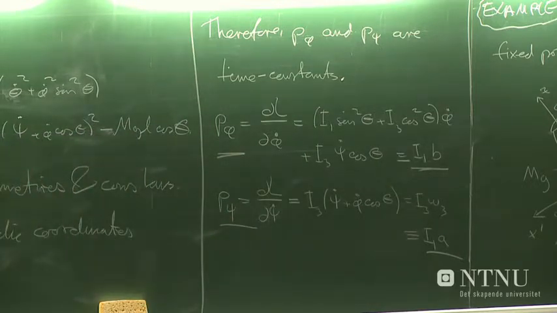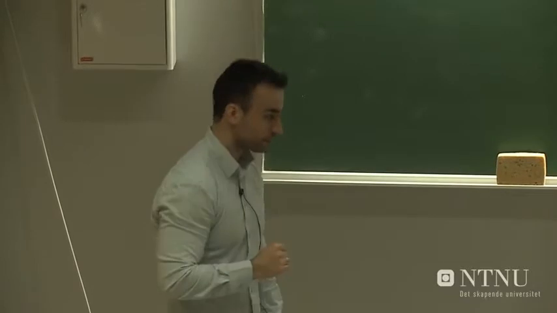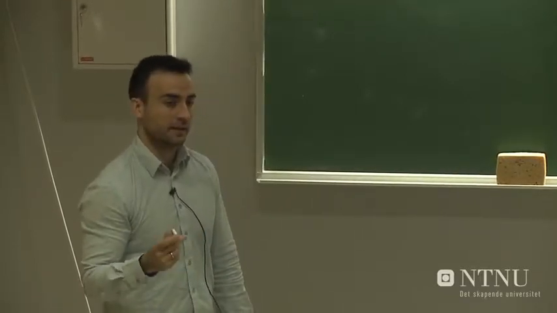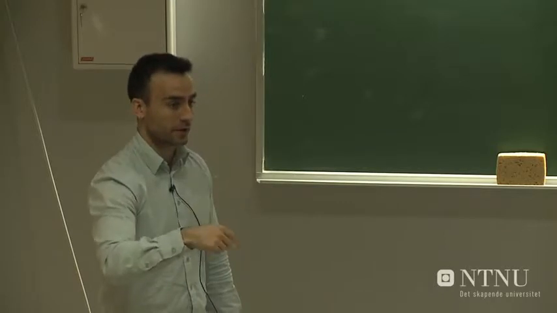Which I then similarly name I1a, where a is some constant. Okay, so that's two conserved quantities originating from a symmetry that the Lagrangian has.